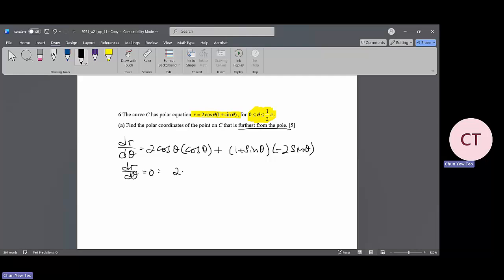That will give you 2 cos square theta minus 2 sine theta minus 2 sine square theta equals 0. We have a quadratic trigonometry form over here. We can cancel all the 2s, and I will make cos square theta become 1 minus sine square theta.